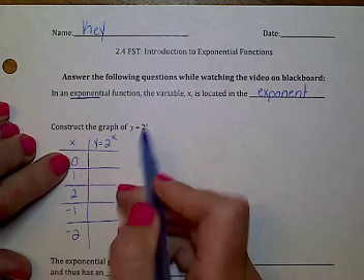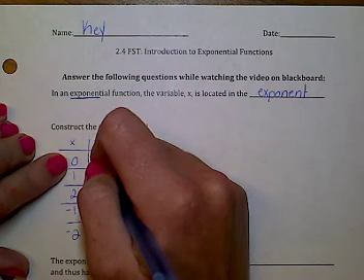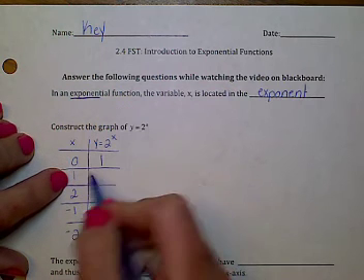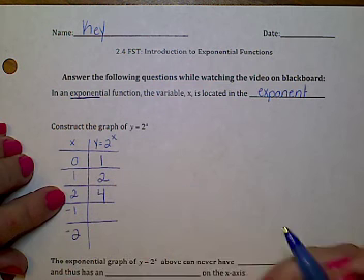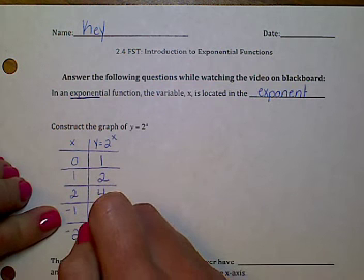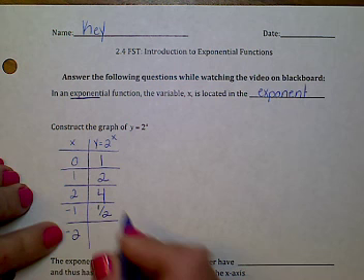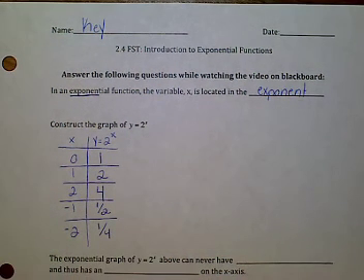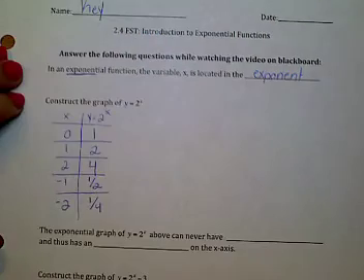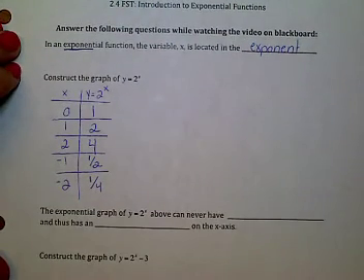If I plug in a 0 right here, 2 to the 0 is 1. 2 to the first is 2. 2 squared would be 4. 2 to the negative 1 actually makes that a fraction, 1/2, and 2 to the negative 2 makes that fraction 1/4.